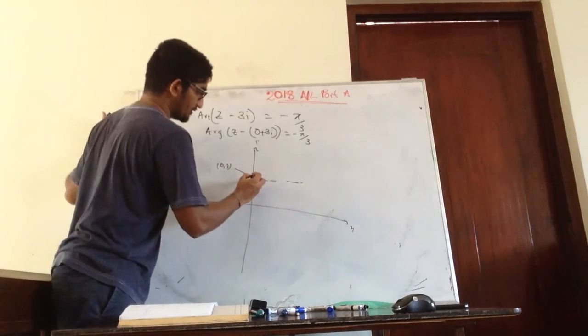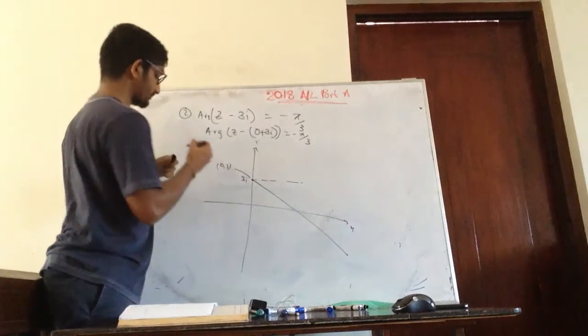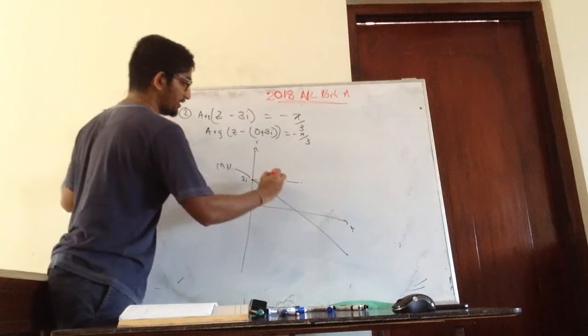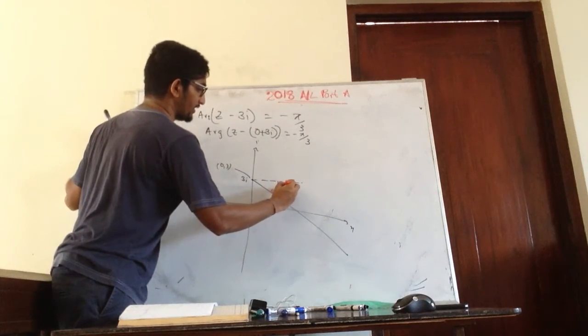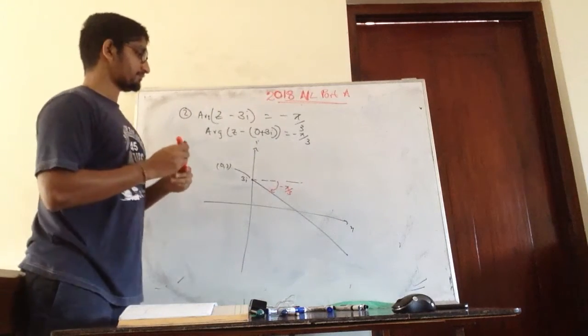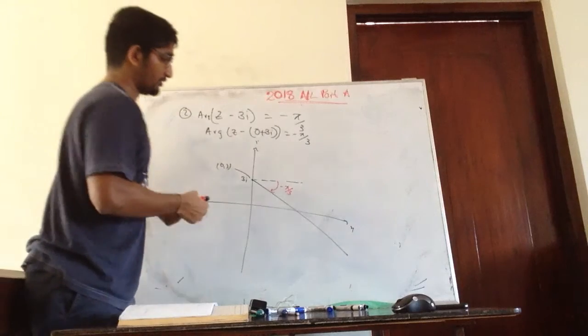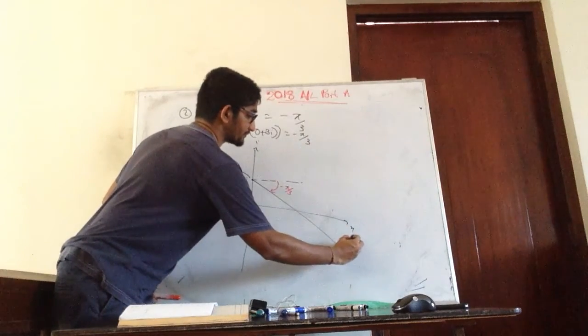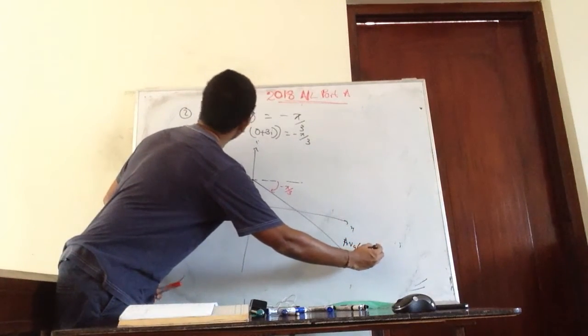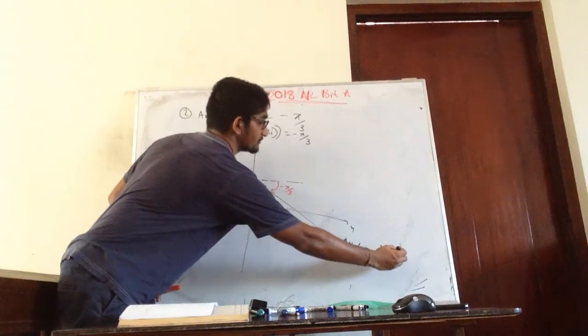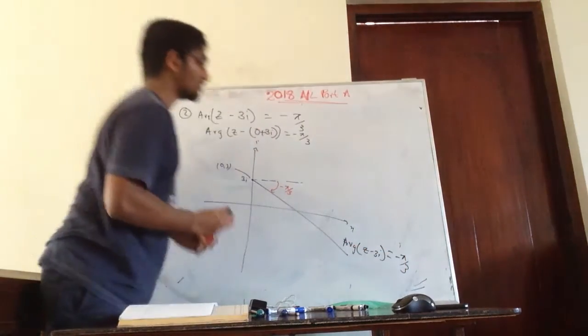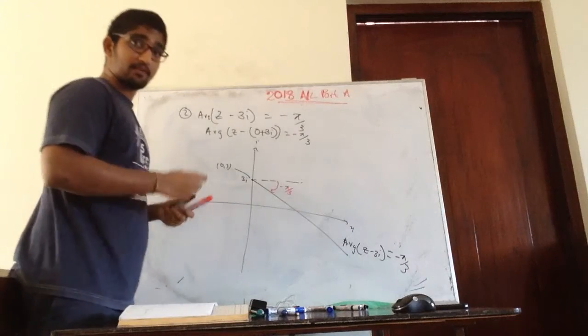So that will be, yeah, minus 5 over 3. Right, so this is what we need to draw. So this is what they are asking first of all.